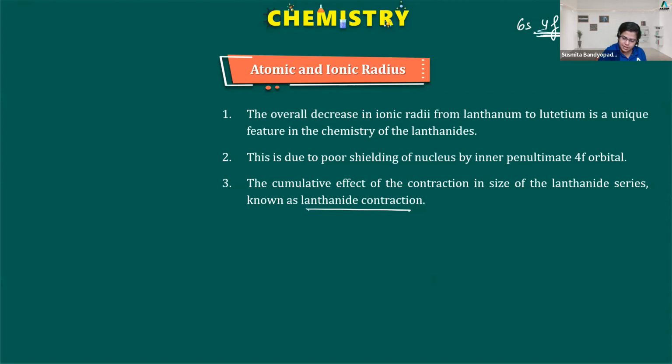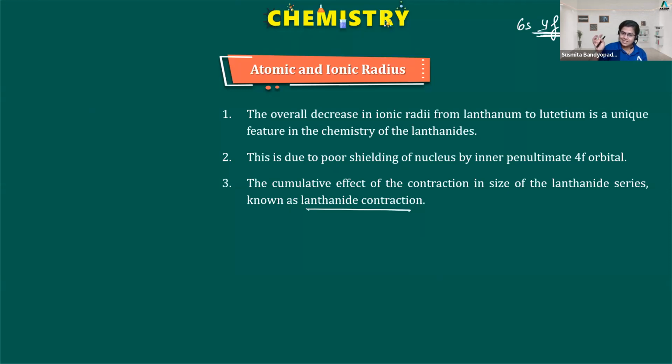When 4F is being successively filled, because F has poor shielding ability, the poor screening increases the effective nuclear charge. So what did I say? When we move across the lanthanide series from cerium to lutetium, the 4F orbital is successively filled. F electrons having poor shielding ability means they are there, but as if they are not there.